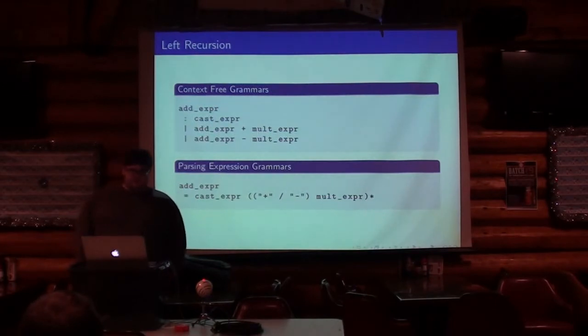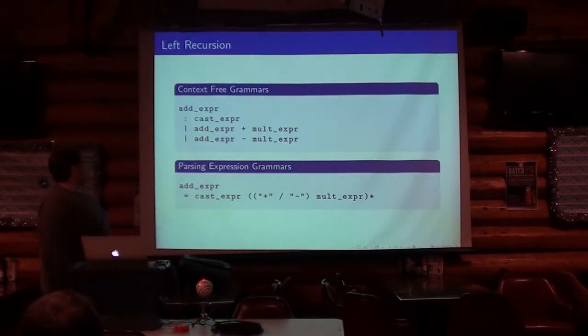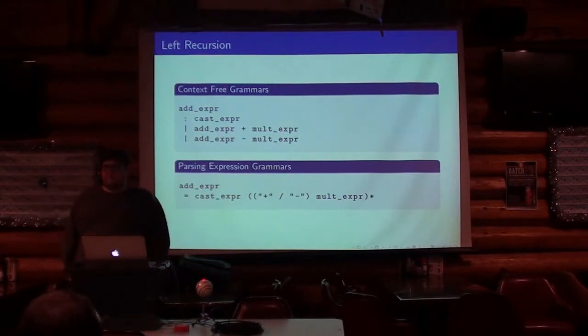Okay, left recursion. This is almost straight from the C grammar. An add expression is a cast expression, or an add expression plus a multi expression, or an add expression minus a multi expression. In a PEG, this looks like add expr is a cast expr, followed by plus or minus a multi expr, some number of times, zero or more.